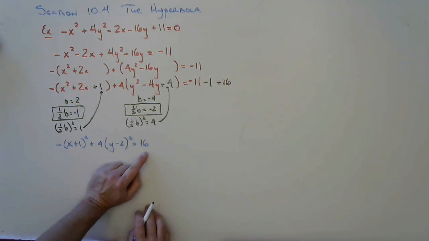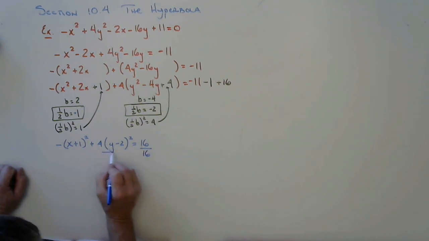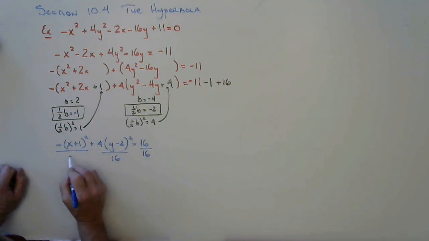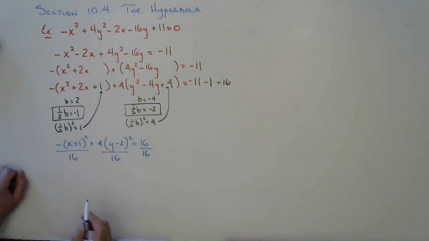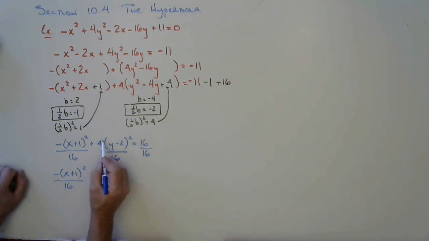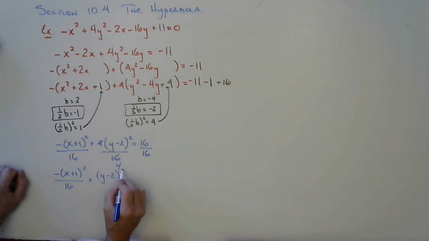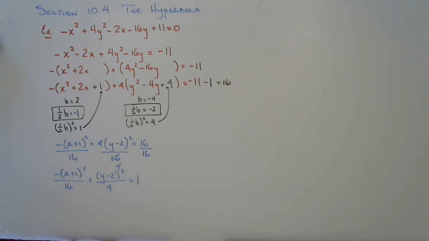This has to be a 1. So I've got to divide everybody by 16. And when I do that, what do I get? I get minus x plus 1 squared over 16. 4 goes into 16, that gives me a 4. So I get plus y minus 2 squared over 4 equals 1, and there it is.